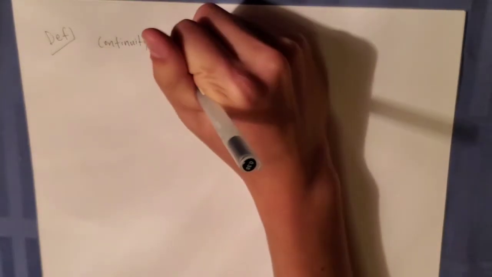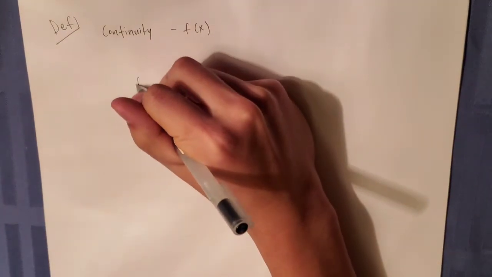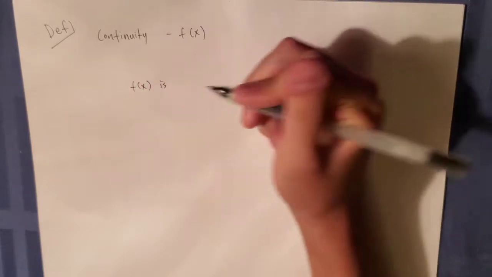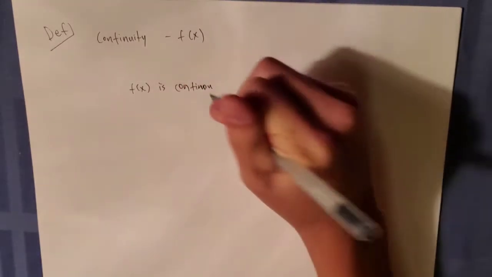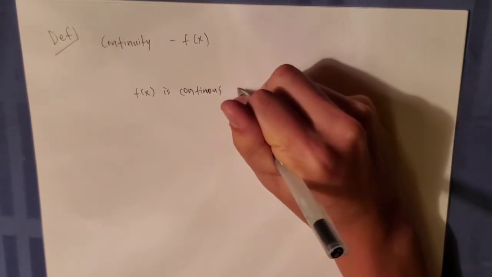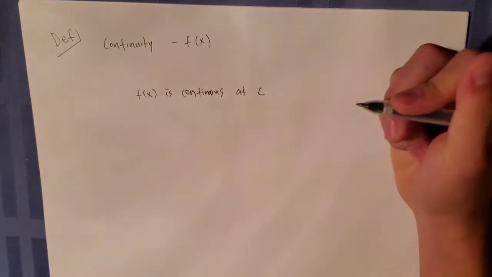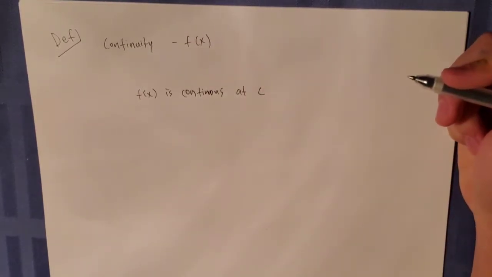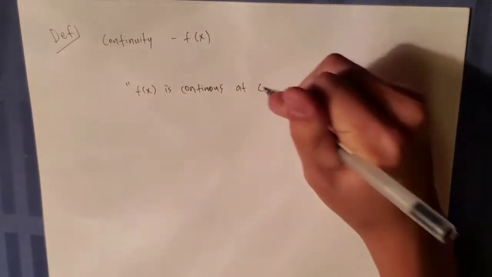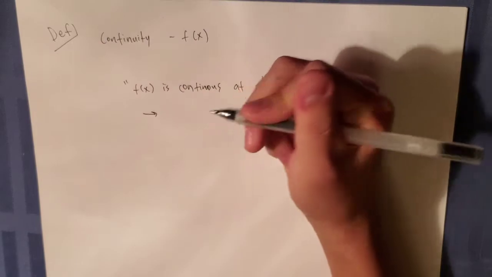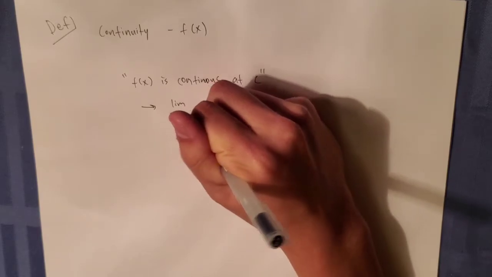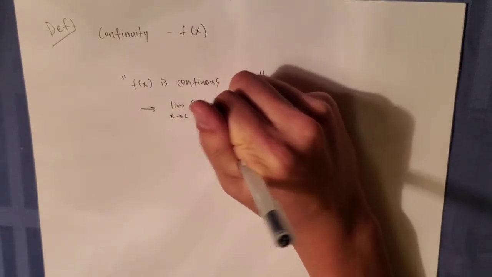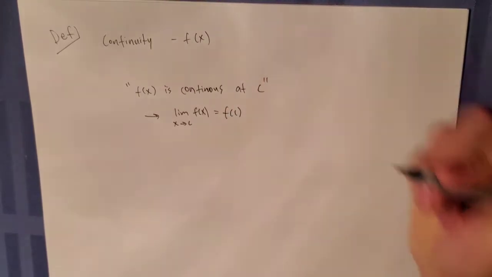So we say a function f of x is continuous at a point c, so like x equals c, if the limit as x approaches c of f of x equals f of c. It's pretty cool.